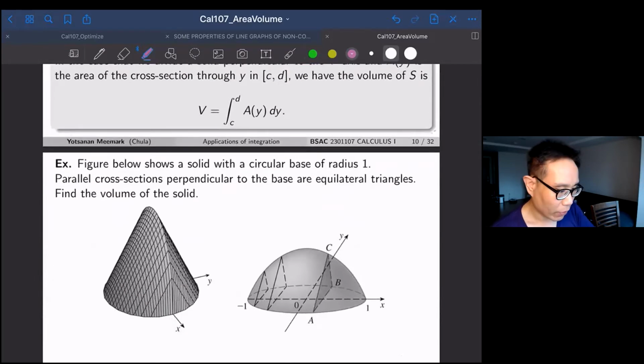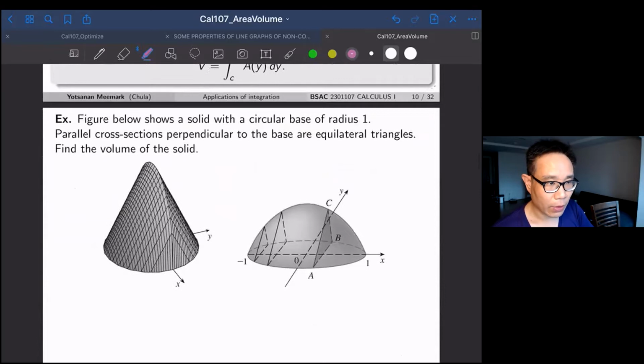Okay, so let's do one example. You'd like to compute the volume of the solid that has a circular base of radius 1, and parallel cross sections perpendicular to the base are equilateral triangles. We're going to find the volume of the solid.